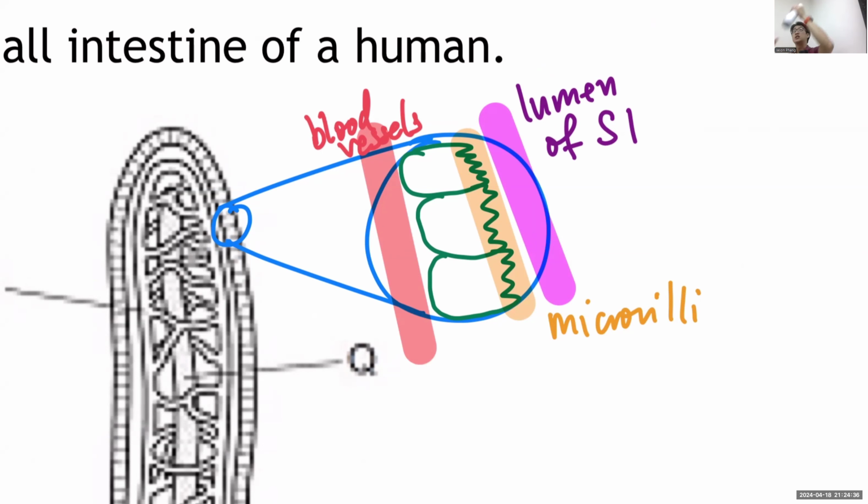So your food will flow through and get digested. It will have to be absorbed from inside the lumen to the surrounding blood capillaries. Okay, so take note of that. You use the words absorb from where into where.